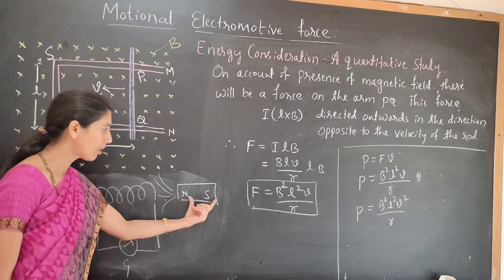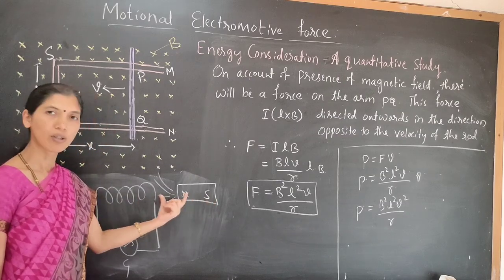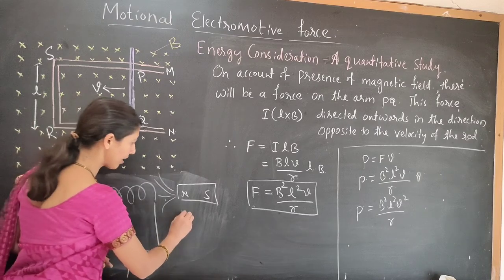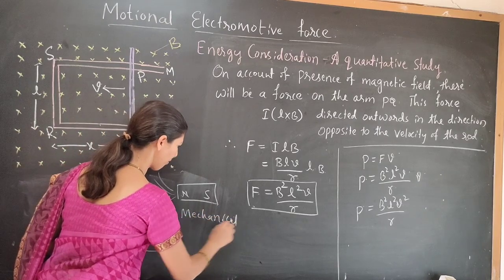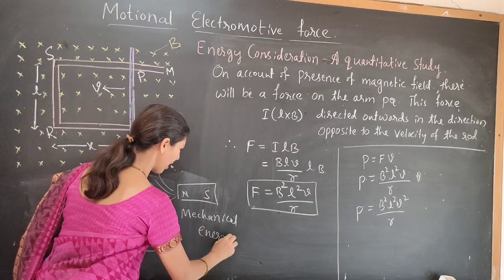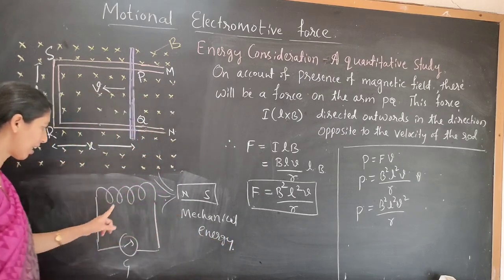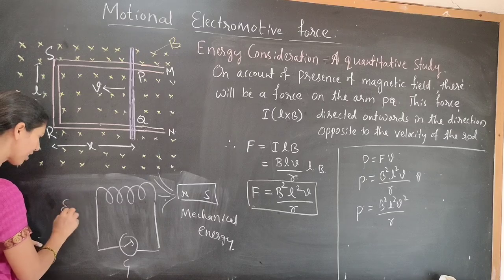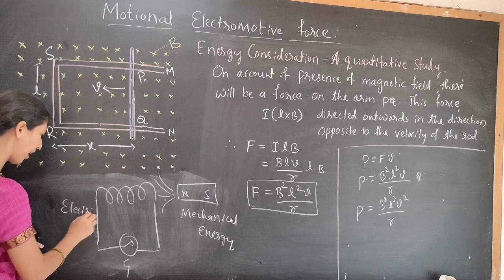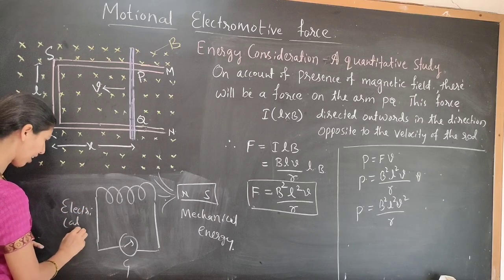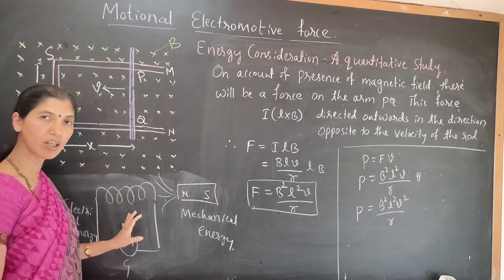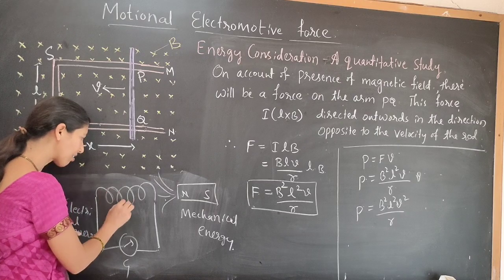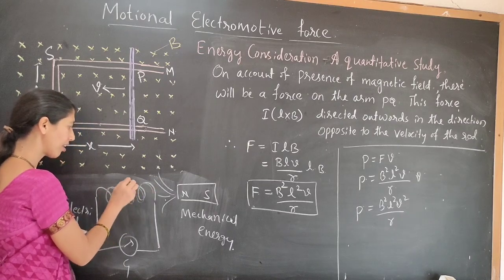While the magnet is moving towards and away, it is due to mechanical energy, and this mechanical energy is converted into electrical energy. Due to this electrical energy, when the current flows through the coil, the coil gets heated, meaning thermal energy.